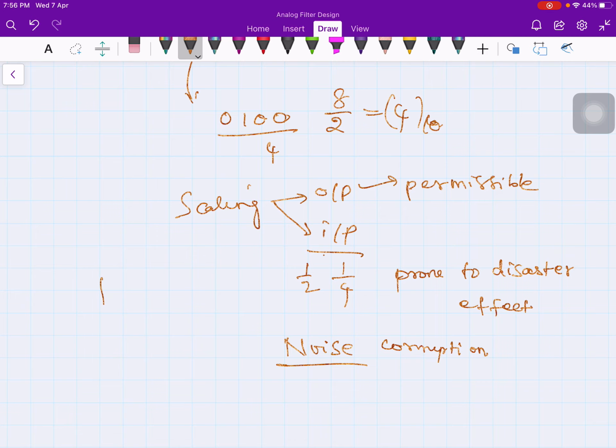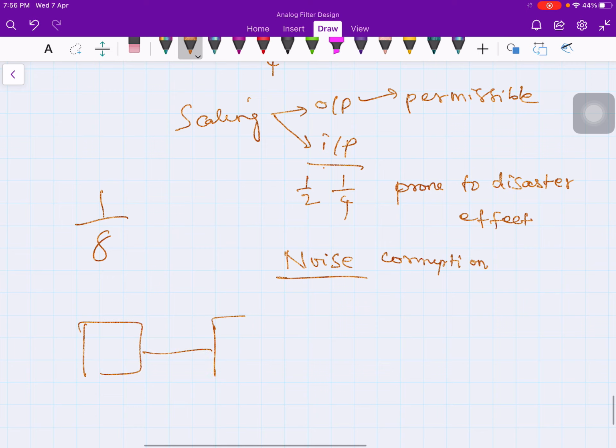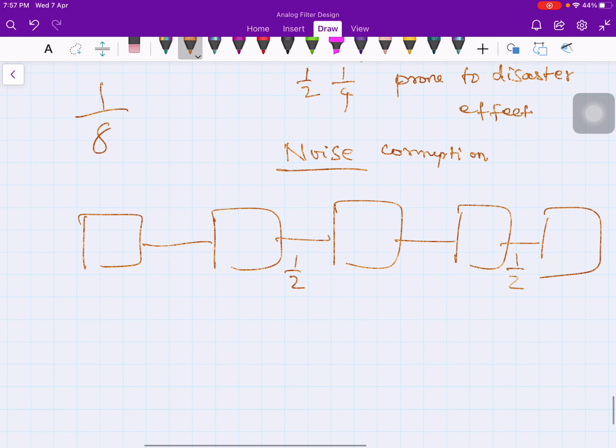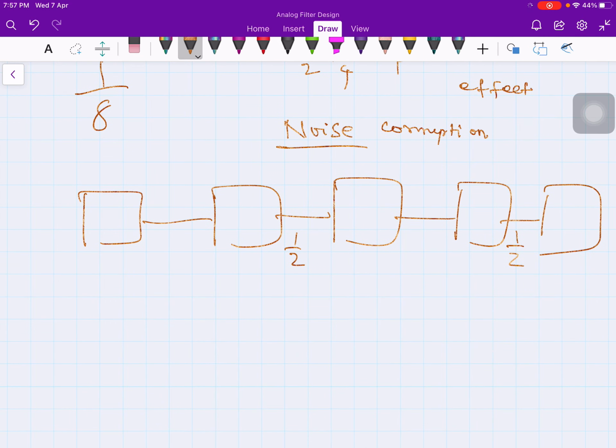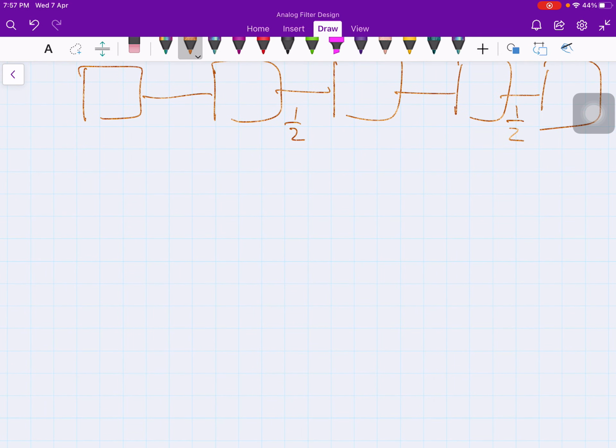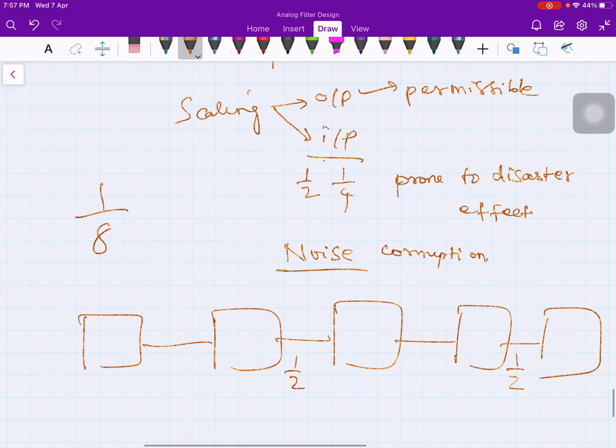Instead of doing 1 by 8 at one place, if you have a number of blocks, you put 1 by 2 here, 1 by 2 here, in a distributed manner, so that you maintain a balance between overflow and signal strength, and also the word length effects, that is the quantization error. That's how one will do the implementation.